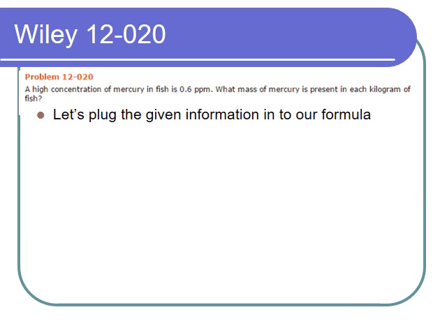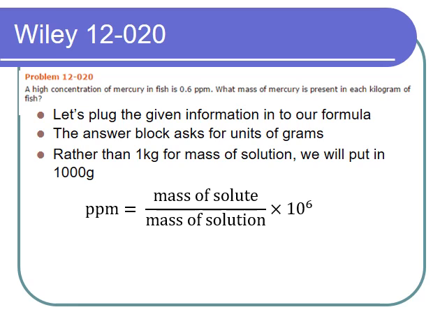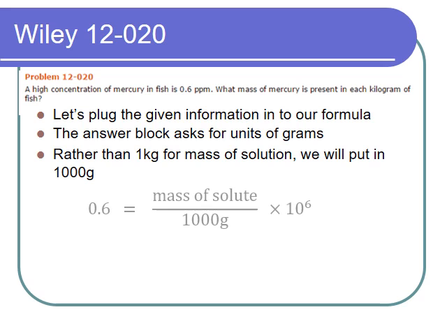There's our problem. Here's our formula. One thing we're going to do: the answer block in the Wiley problem asks for grams, so rather than plug in 1 kilogram, we're going to put in 1,000 grams for our mass of solution. 0.6 parts per million equals mass of solute over 1,000 grams of fish times 10 to the 6th.